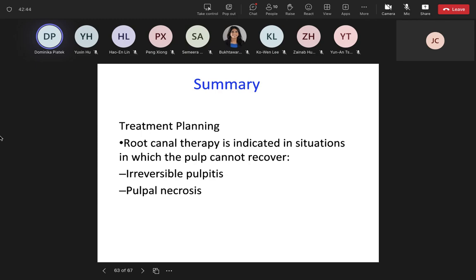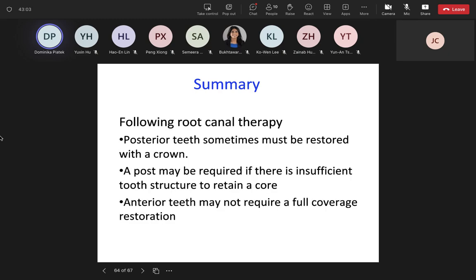So we'll use indirect pulp capping or direct pulp capping, and it depends on the stage. It can be on the pulp chamber, chamber pulp placed, or at the pulp of the roots.